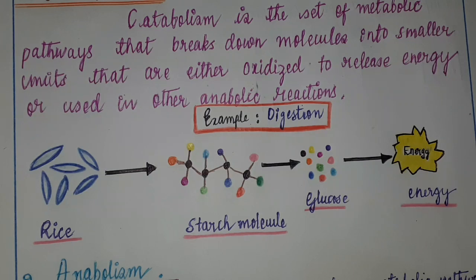The glucose molecule can diffuse into the blood vessels from the lumen of the small intestine, and through the bloodstream it can reach each and every cell of the body. Thereby it can reach the mitochondria. In mitochondria, the glucose molecule oxidizes to release energy. So this is what the catabolic process is about.